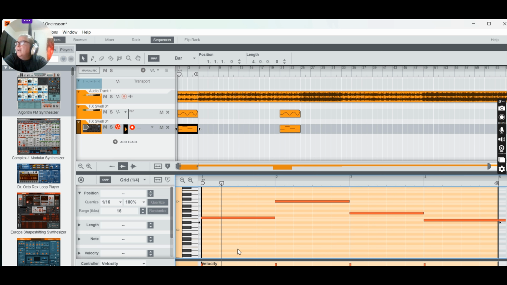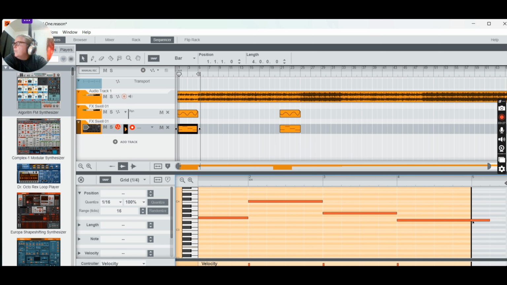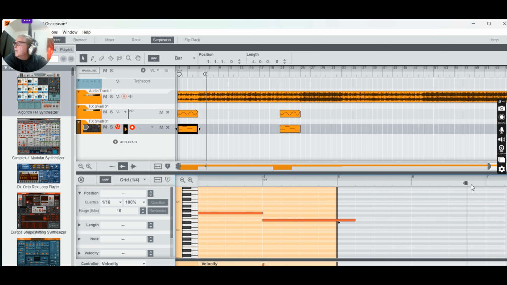I really like that. And then let's hear it going into the first couple of bars of the second intro and second verse, basically what that is. So let's start over.